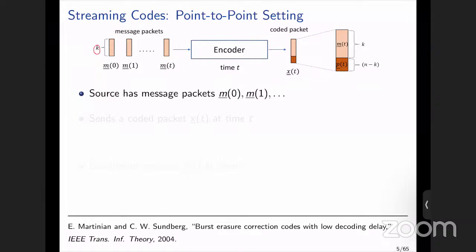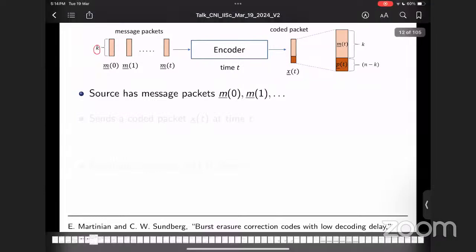And the source also has an encoder as indicated in the figure. So at time t, what's going to happen is the following. The source will produce a coded packet, let's say x of t. And this x of t will be a function of the message packets the source has till now. So x of t will be a function of M0, M1 till M of t. And the coded packet is assumed to have n symbols.